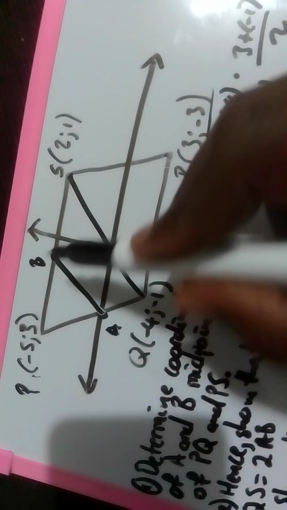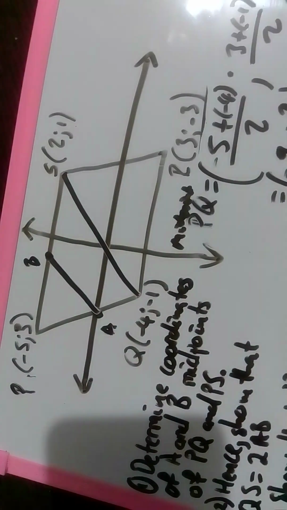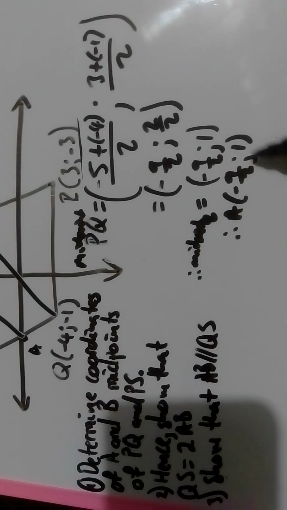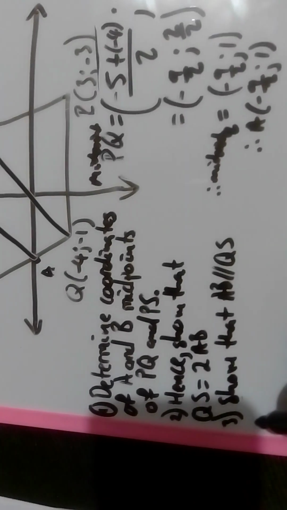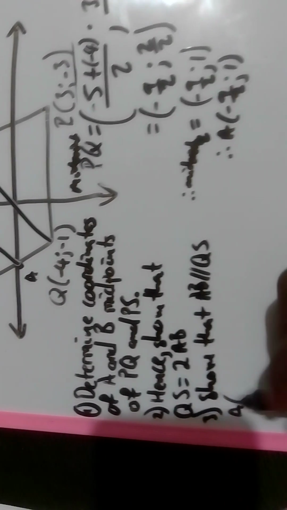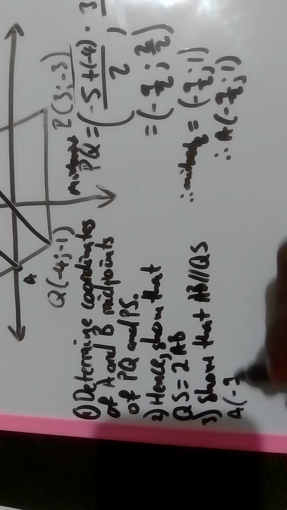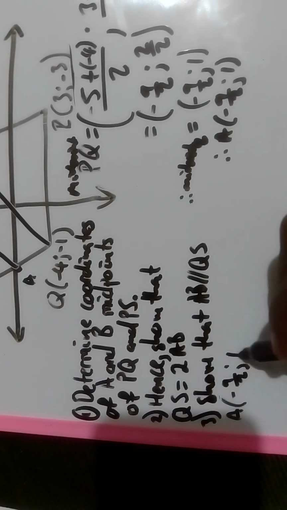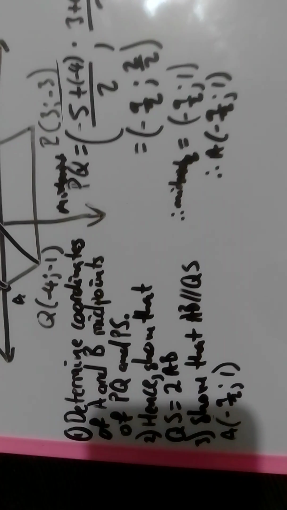Alright, done. Now we must find the coordinates of point B. We are using point P and point S. So I'm going to write this answer on the side because I have a feeling they're going to need those coordinates later on.